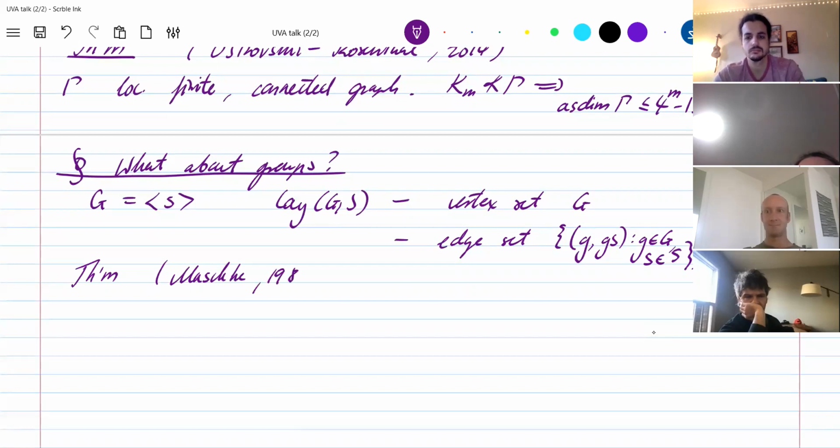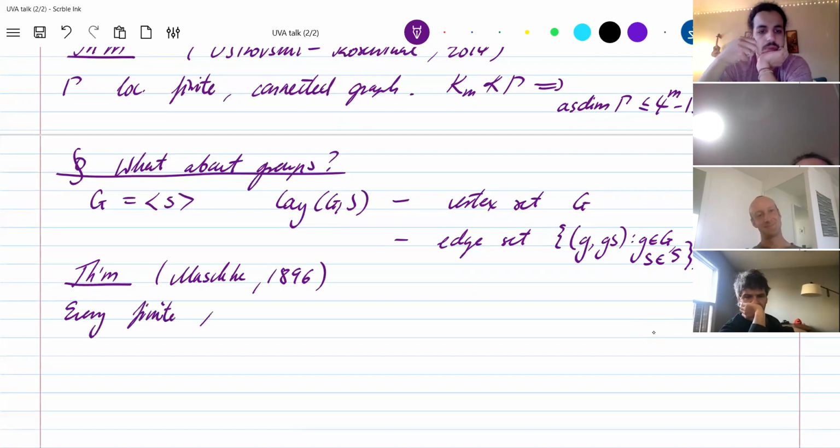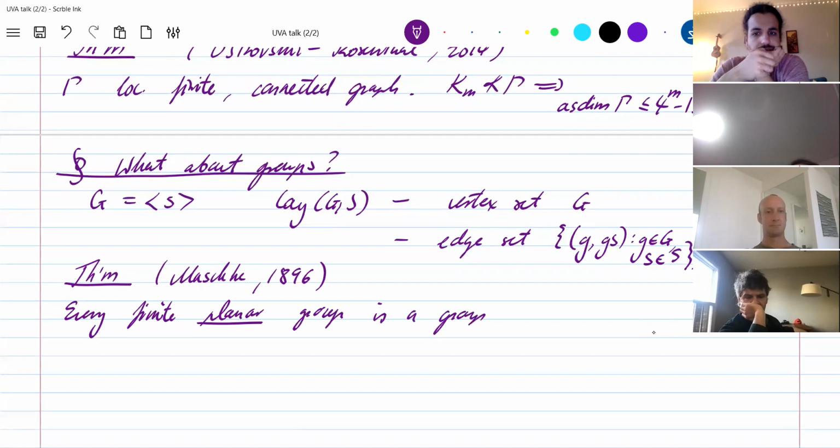Oops, not 1980, but 1896. So Maschke showed that every finite planar group, and I'll tell you what I mean by this in a second, is actually a group of isometries of the sphere.